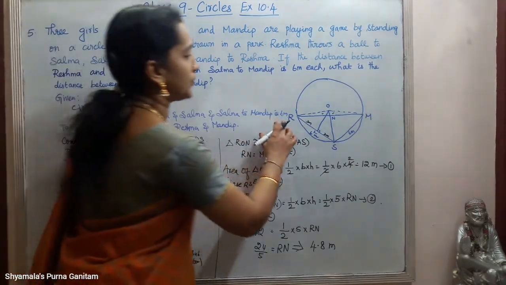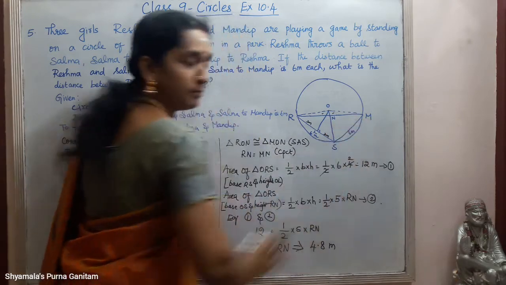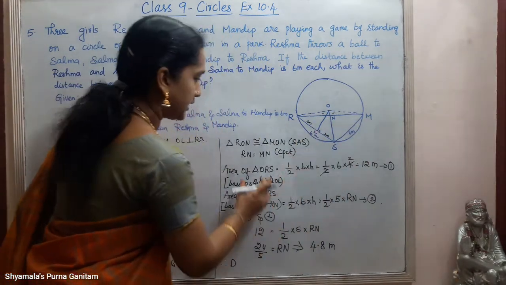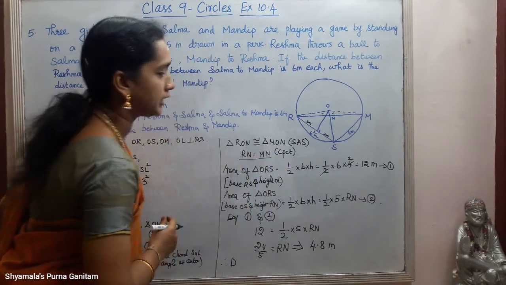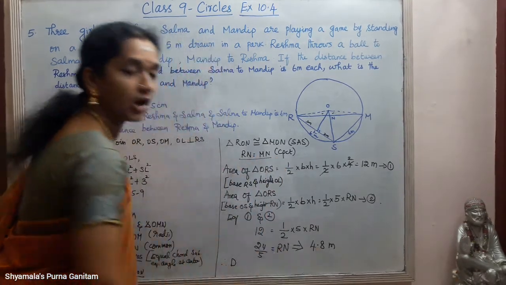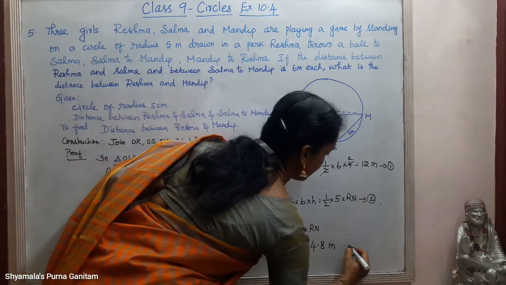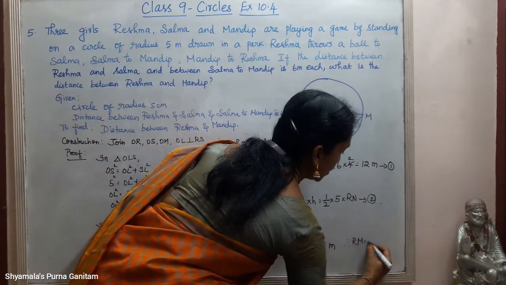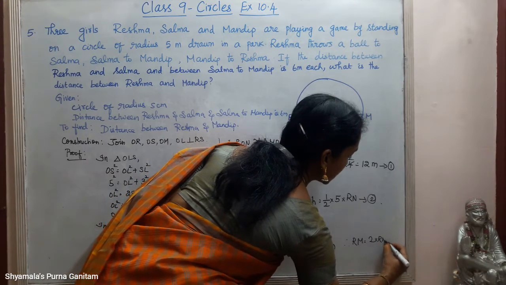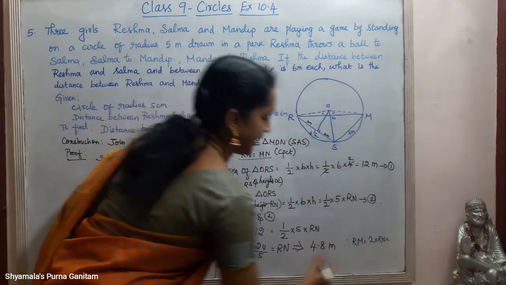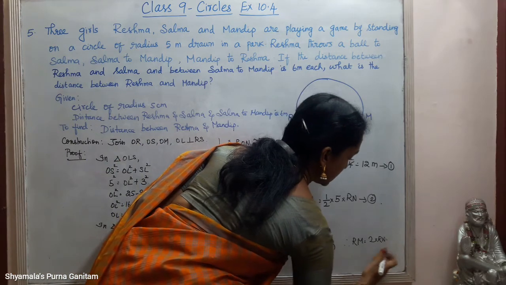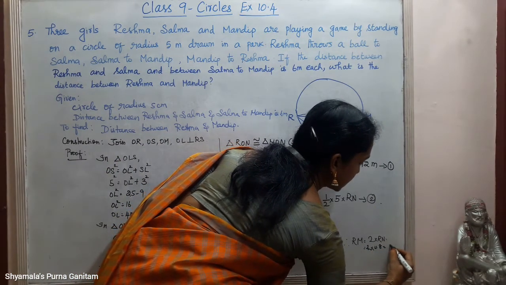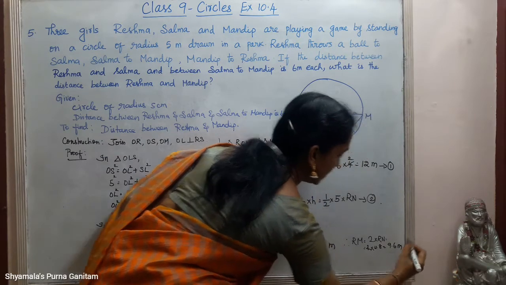But we are asked to find the distance between Reshma and Mandir. Just now we have proved that RN is equal to MN. RN we got as 4.8. Therefore, RM is equal to 2 into RN, that is 4.8 into 2, which is 9.6 meter.